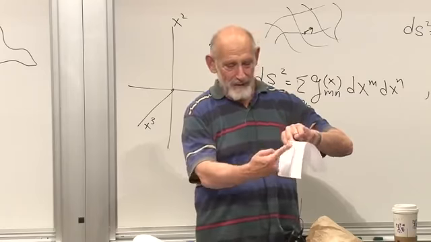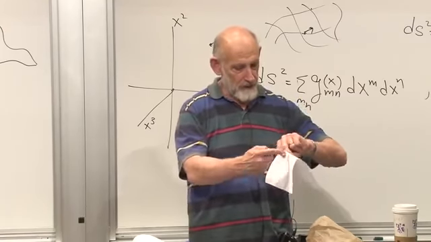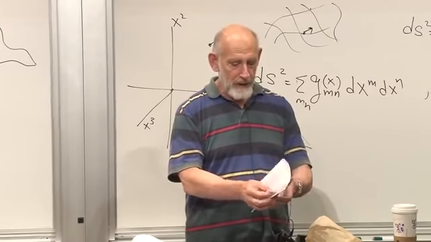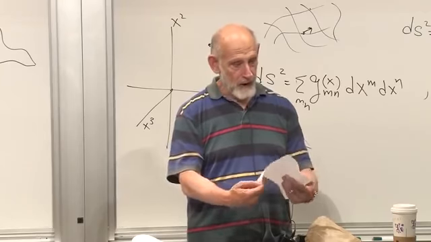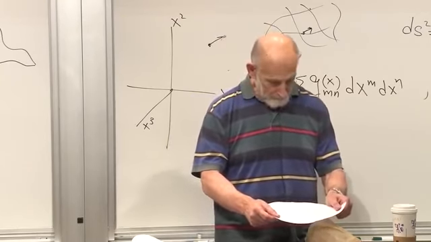Right? It means the distance in the surface. The distance in the surface, and that distance between these 2 points doesn't depend on whether you fold the page or not. It's exactly the same with the page folded as with the page unfolded.